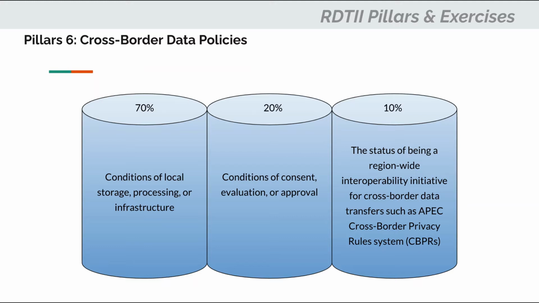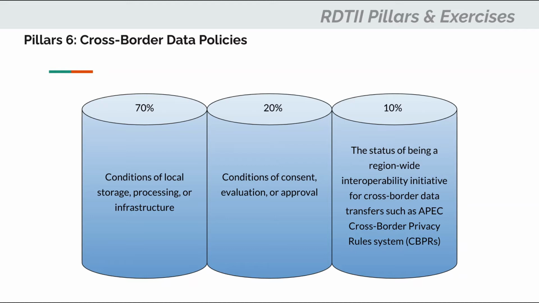For example, the condition that data cannot be transferred unless the level of data protection in receiving economies is deemed adequate by the government tends to ensure that data gets some protection in the recipient economy. However, as the regulating economy has no or little control over data privacy and protection abroad, the effect of this one-time satisfaction of such a condition on forming digital trust is limited.